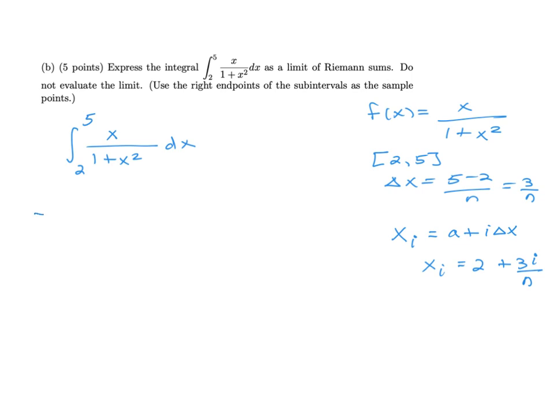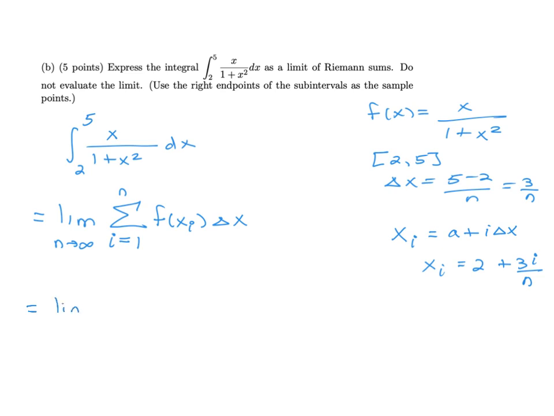So to go to the actual Riemann sum, that's the limit as n goes to infinity of, if we're using right endpoints, we'll sum from 1 to n of f of x sub i times delta x. In place of these x's, I'll put x sub i, and in place of delta x, I'll put 3 over n.